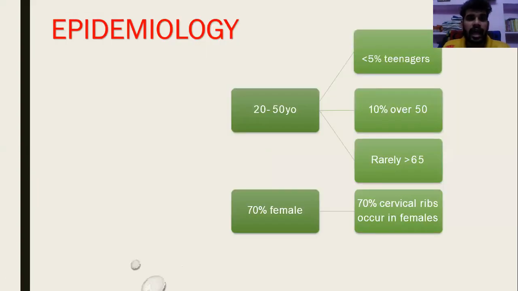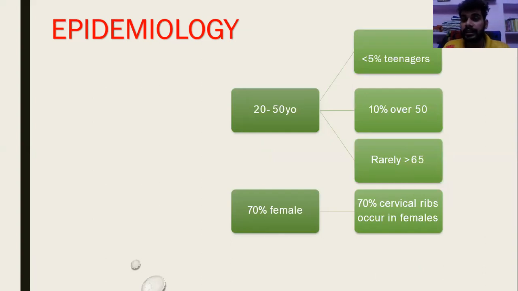Now we discuss epidemiology. Generally, we see thoracic outlet syndrome in the 20 to 50 years category, and basically more in females. We see that less than 5% is present in teenagers, 10% in over 50-year-olds, and it is rarely present at 65 years and above.